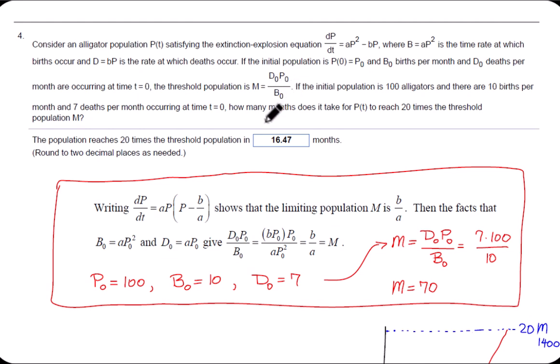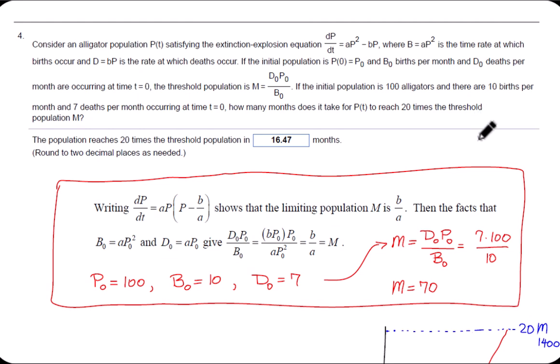The question is this: if the initial population is 100 alligators and there are 10 births per month and 7 deaths per month at time 0, how long does it take us to reach a population that is 20 times the threshold?